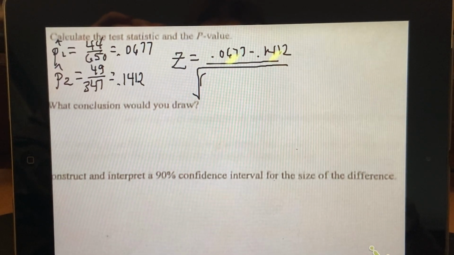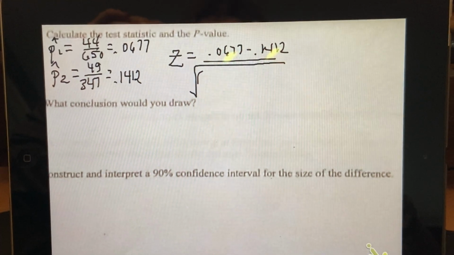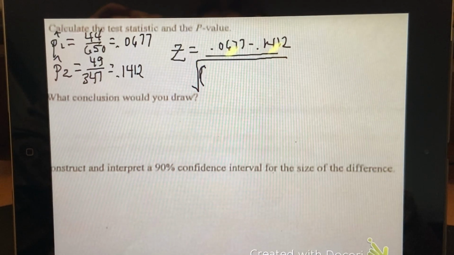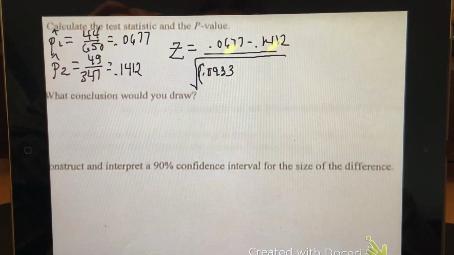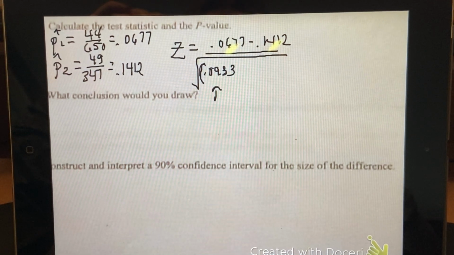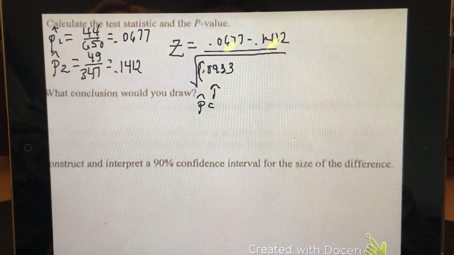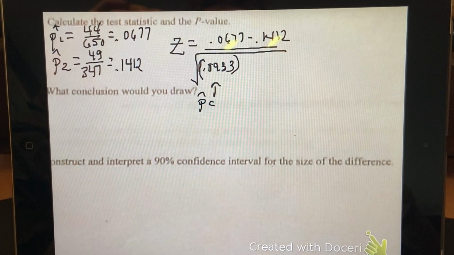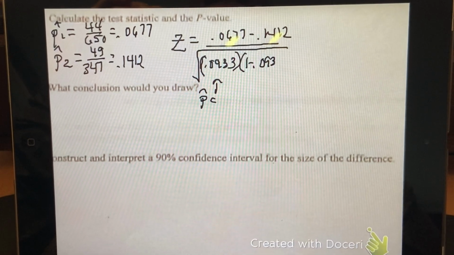The first number was p hat combined. And so remember us calculating p hat combined: 0.0933. So that little guy here is p hat combined. Okay, and then I'm going to go 1 minus 0.0933.